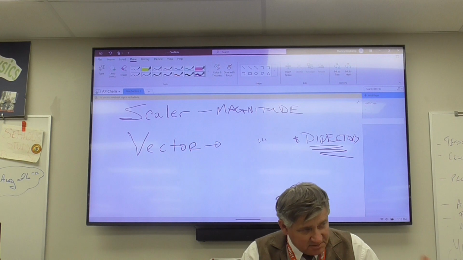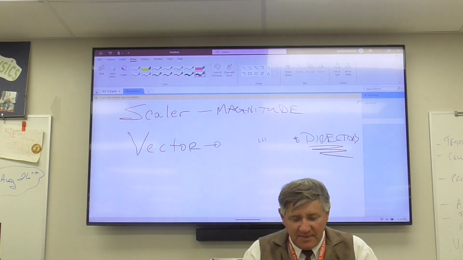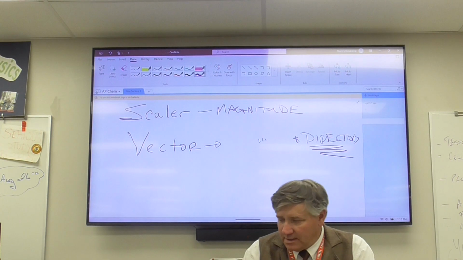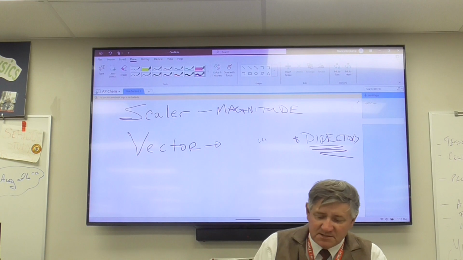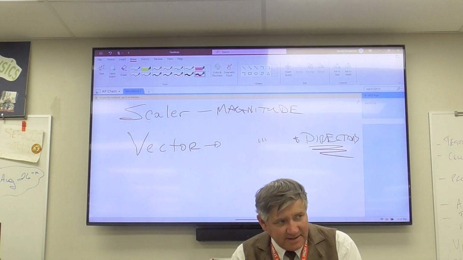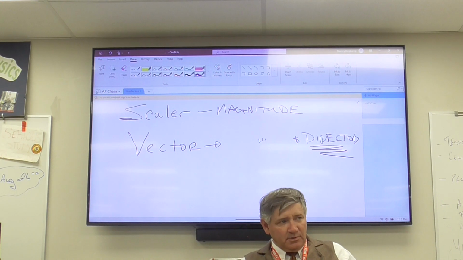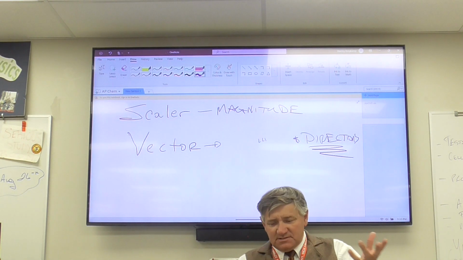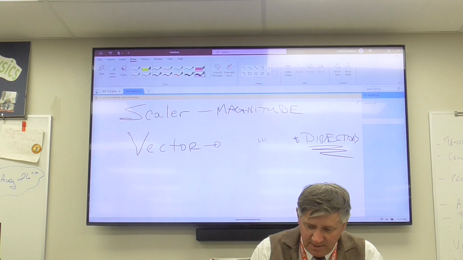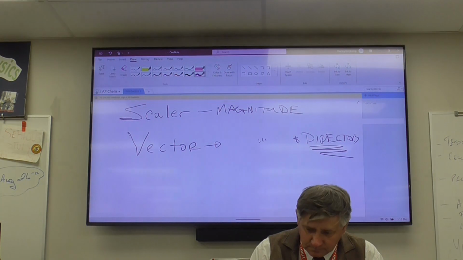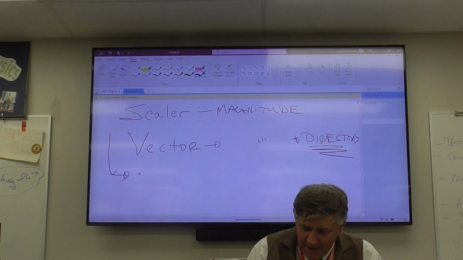So part of this is also terminology, and that's the difference between a scalar quantity and a vector quantity. A scalar quantity only has magnitude, which is a fancy word for saying it's just a number, okay? So here's the classic example of a scalar quantity. One is mass.